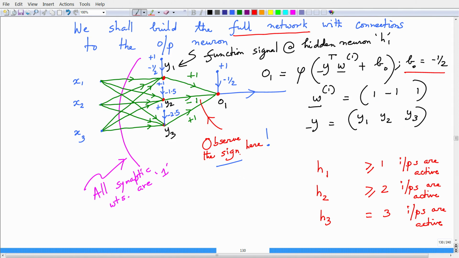You can verify the truth table and you can see that you get a 1 when there is odd parity and you get a 0 when it is even parity. And the trick is basically balancing the sign from the neuron that responds to 2 or more inputs being active.